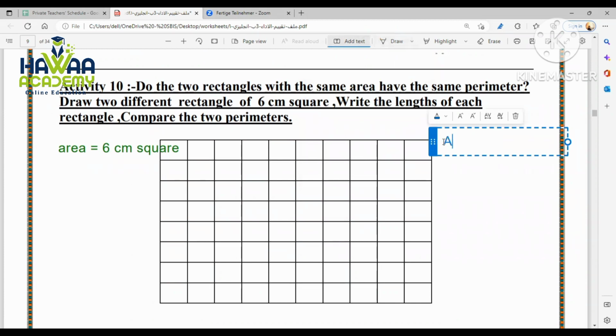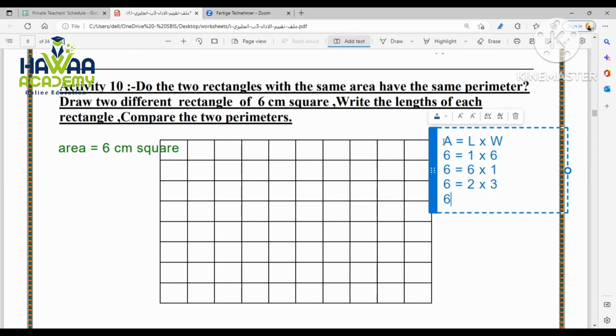Let me remember first, the area equals length times width, right? So I need to think about 6 equals what times what? Yeah, it's 1 times 6, or 6 times 1. Or 6 equals 2 times 3, or 3 times 2.